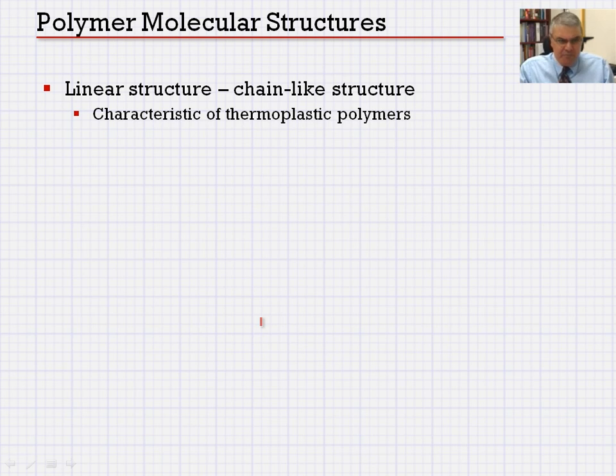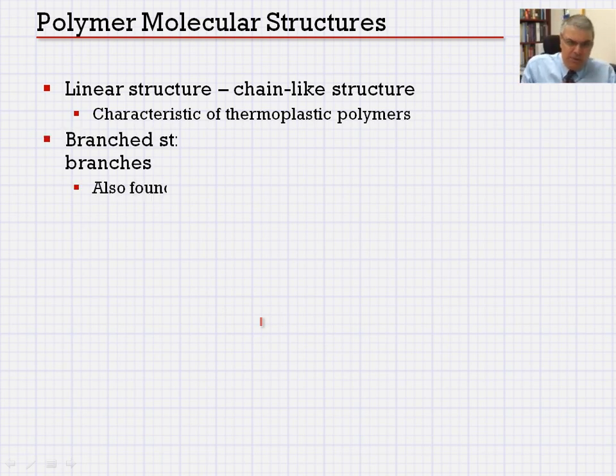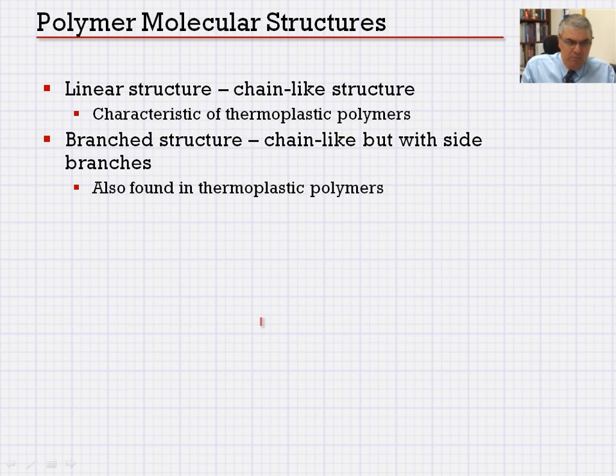So the molecular structure of a polymer is also worth examination here. Polymers are linear structures, as I told you, many mers, they're chain-like, and that is the characteristic of thermoplastic polymers.